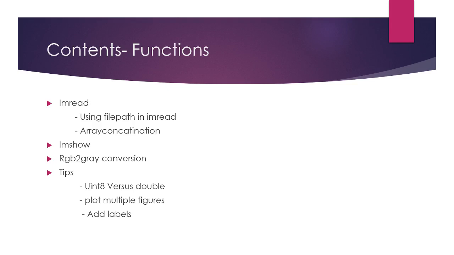What are the properties of it, and then we will review the rgb2gray conversion. We will have a few tips at the end of the presentation for those of you who are looking for something that addresses uint8 versus double conversions and MATLAB plot figures, multiple figures plotting in a single figure, and adding labels.